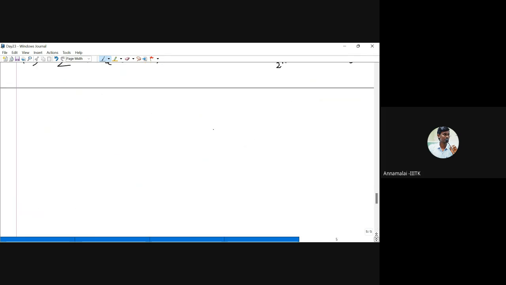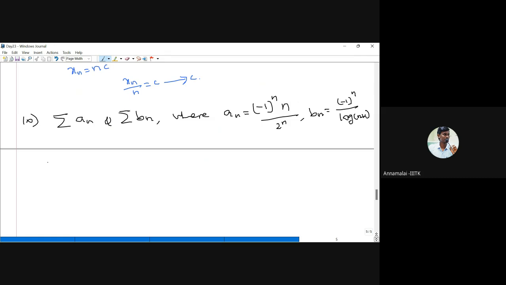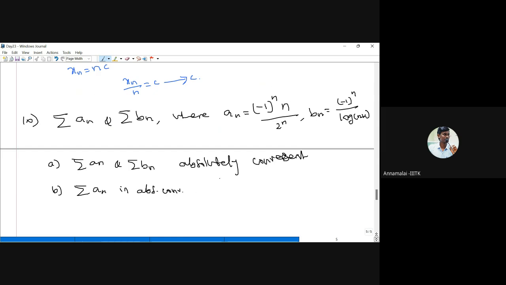Now, what can you say about the series? The first option: summation an and summation bn are absolutely convergent. The second option: summation an is absolutely convergent, but summation bn is conditionally convergent.